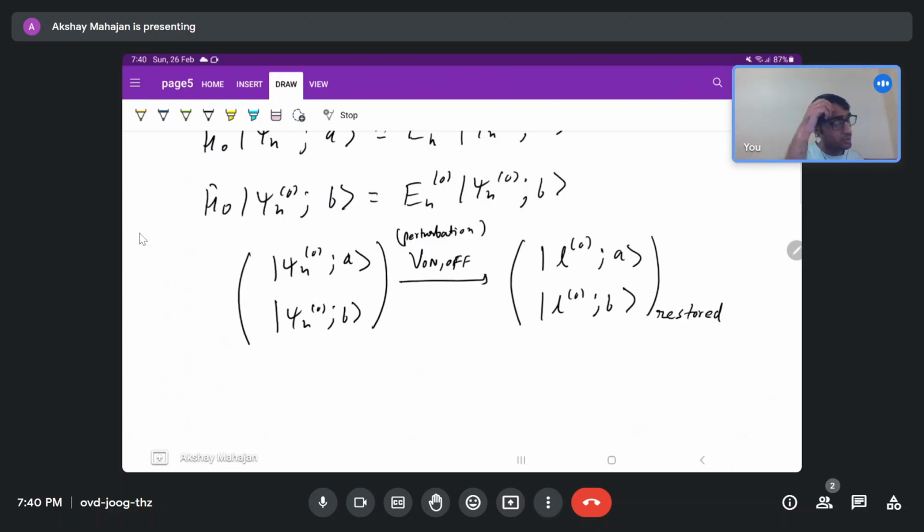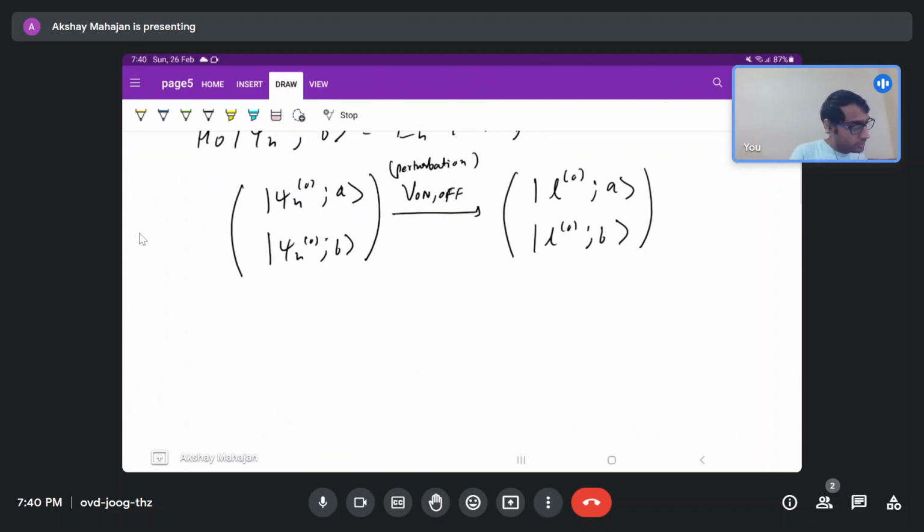These will be some combination of psi 0 of A and psi 0 of B, but we are not writing them explicitly. We are saying that they will go to some L0 of A, L0 of B, under perturbation, and they will be restored.